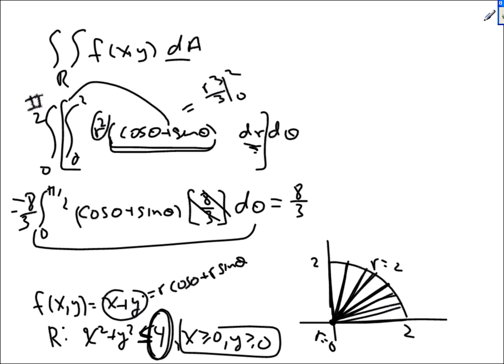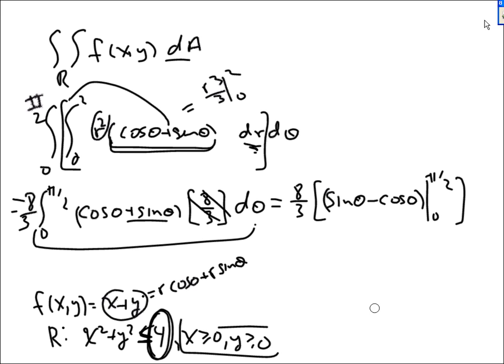But the integral of cosine theta is sine theta, plus the integral of sine theta d theta is negative cosine theta. And this goes from 0 to pi over 2. And once we do that substitution, we will have our answer.